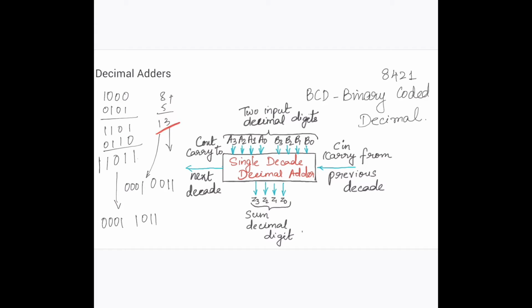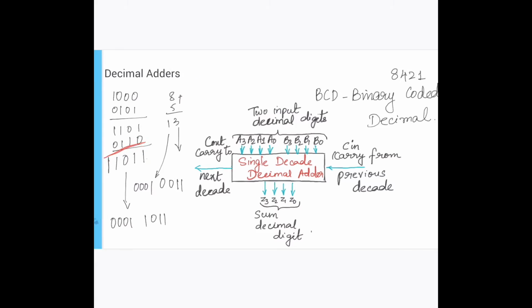But 13 in BCD will be written with the 1 as 0001 and the 3 as 0011. So if you want to convert the result of the traditional addition into BCD, in order to make it in the same form, we have to add a 6 to the number.